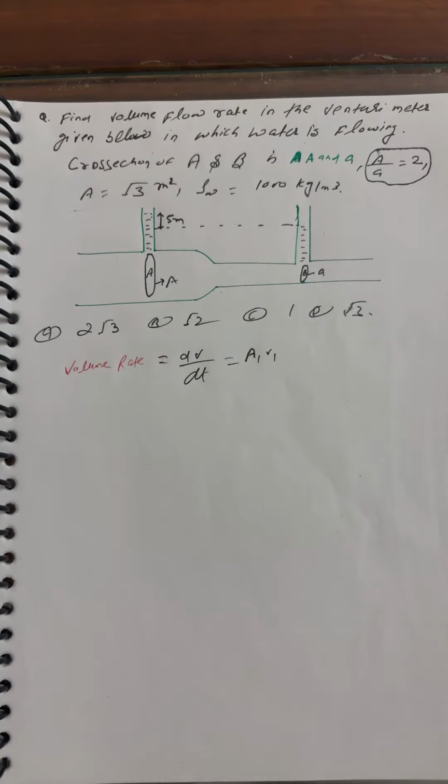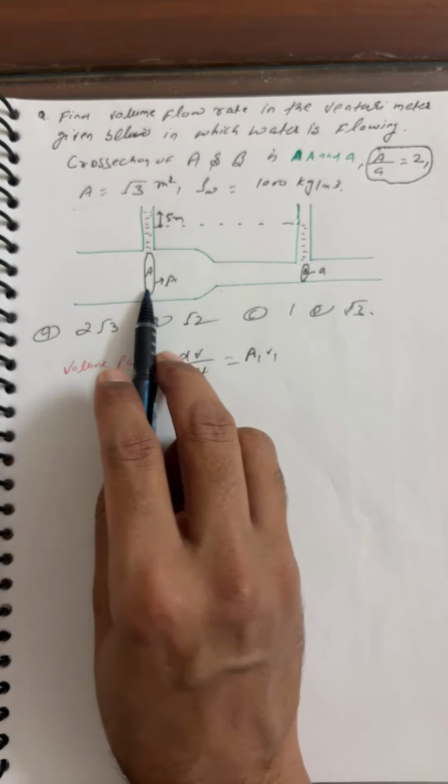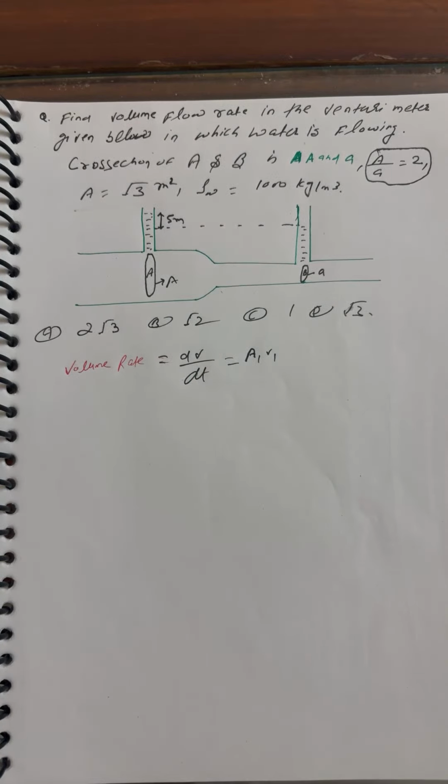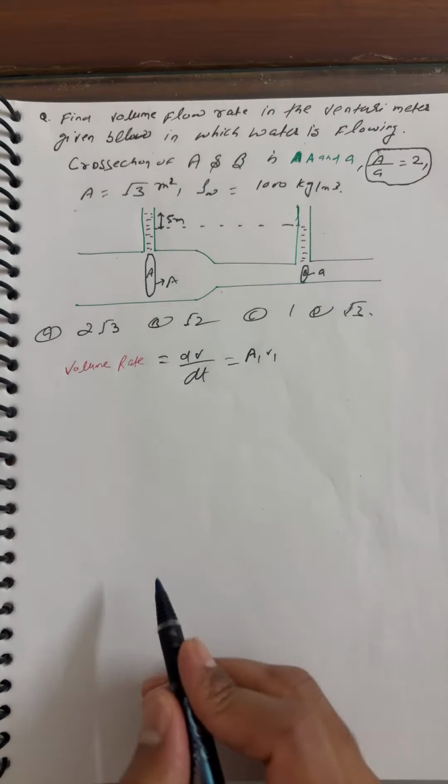Then students, what can we do for this question and how can we proceed further? For this solution, we can apply fluid mechanics. If you remember everyone, from here to here we apply Bernoulli's equation because we have two points. So what is Bernoulli's equation?